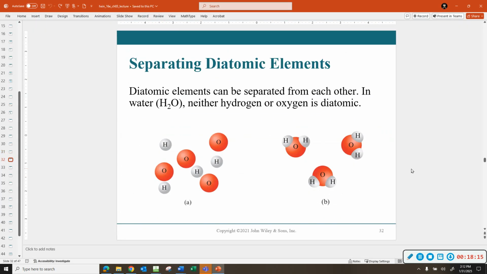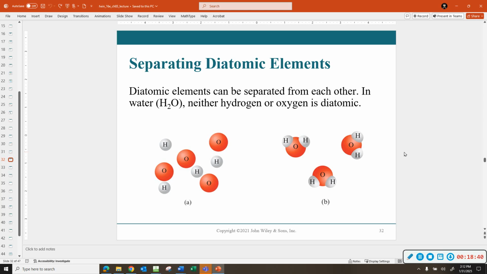So separating diatomic elements, they can be separated from each other in chemical reactions. Water, H2O: neither hydrogen nor oxygen is diatomic once it combines. If you have individual oxygens and hydrogens, they are going to readily react with one another to form water.